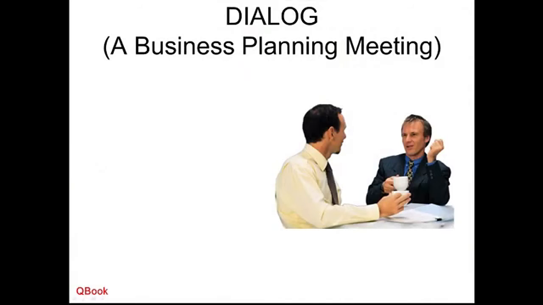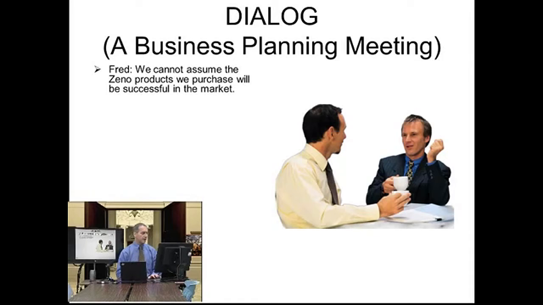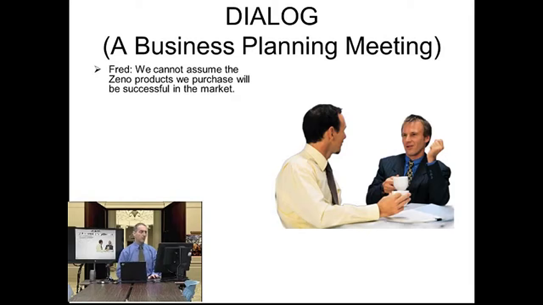So let's jump over to a meeting now. We've got an actual meeting going on, and here we see Fred is going to talk with Bill to prepare for another negotiation. Fred says, we cannot assume the Zeno products we purchase will be successful in the market.